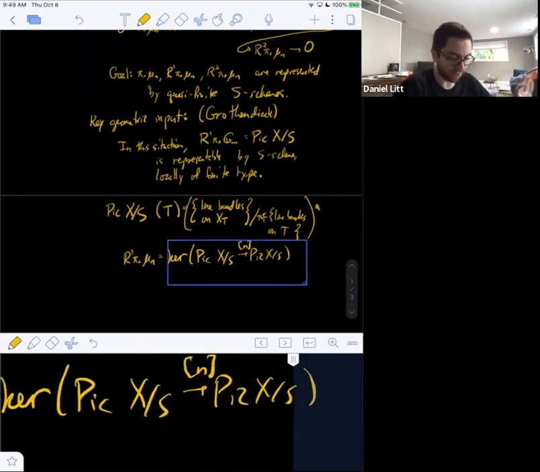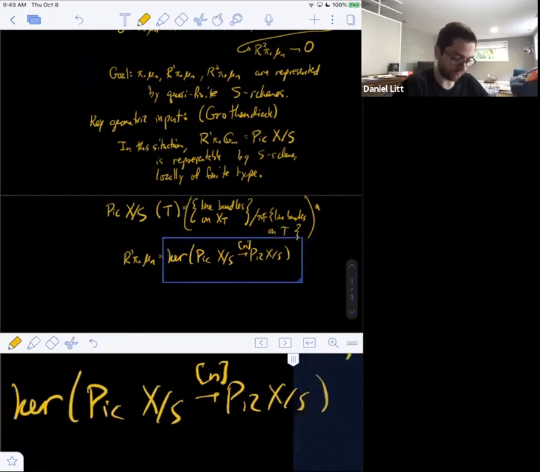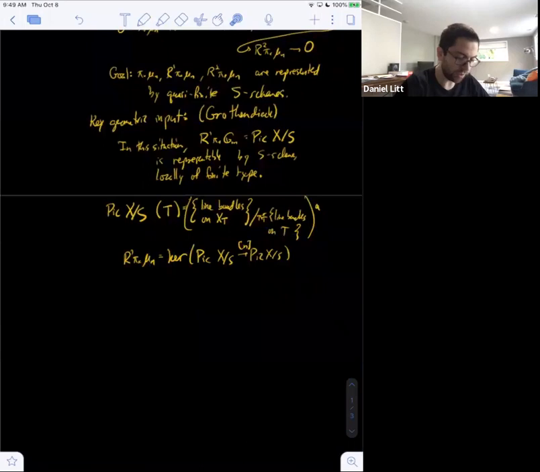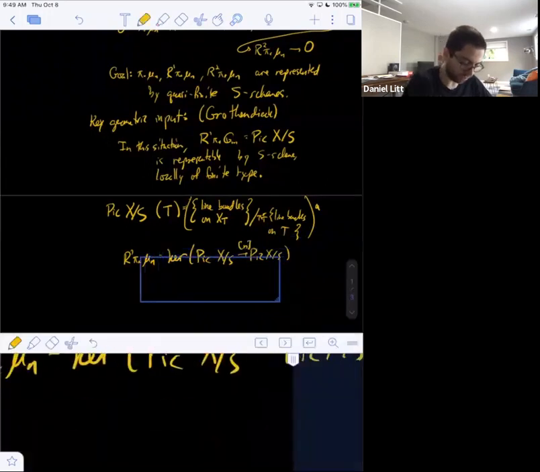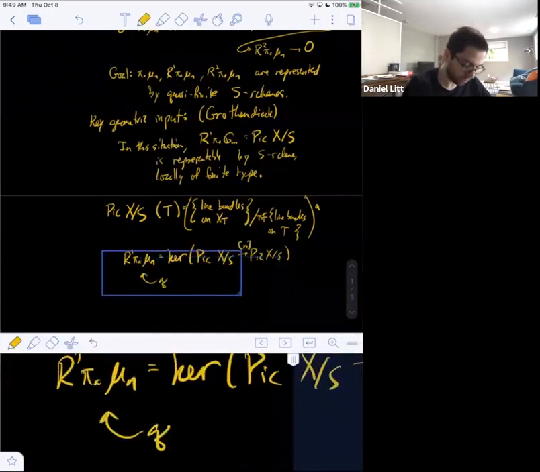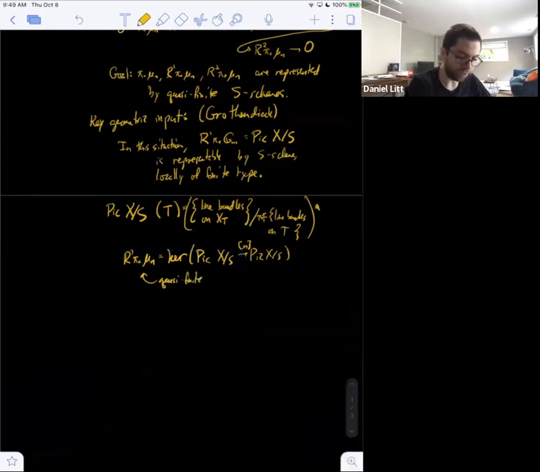The key input is the representability and the commutation properties of this with base change, which lets you compute what this looks like by passing to individual fibers and then using what we know about Picard groups of curves. So the claim is that this is quasi-finite, namely that it's represented by the scheme-theoretic kernel of this map, the preimage of the zero section.